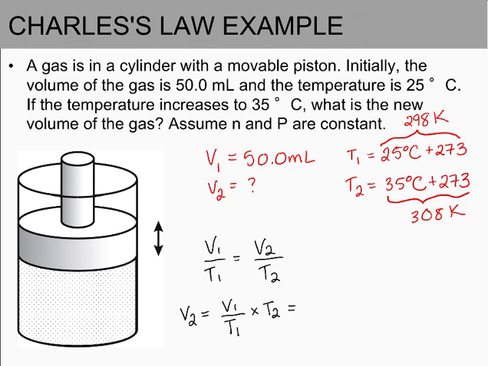So now we can plug in our values. So 50 milliliters is our initial volume. T2 is 308 Kelvin, and T1 is 298 Kelvin. Okay, so looking at those numbers, how many sig figs should we have in our final answer?